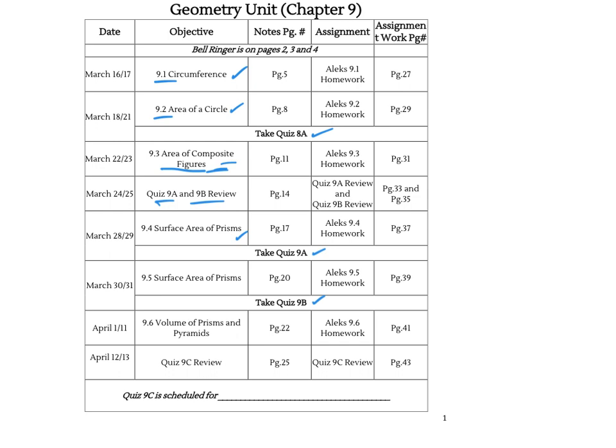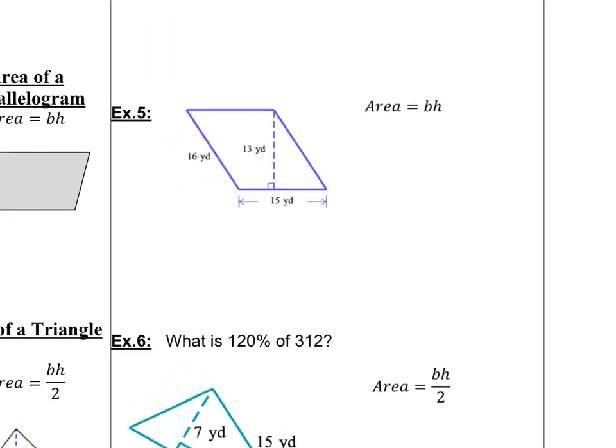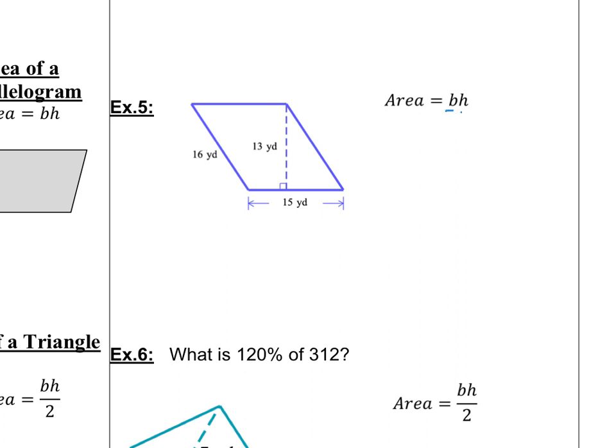Okay, let's get started. If you look at these two shapes, these should very much be review. You're looking at the height. When we look at a parallelogram, you're going to take the base times the height. This is the height.